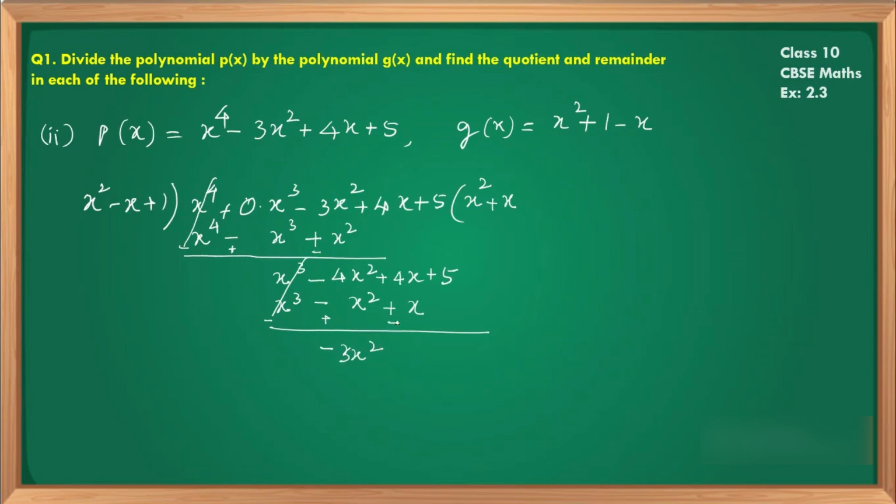and this becomes minus. You need to subtract 4x and minus x, you get plus 3x. Bring this 5 down.